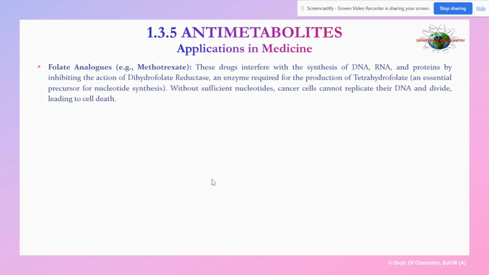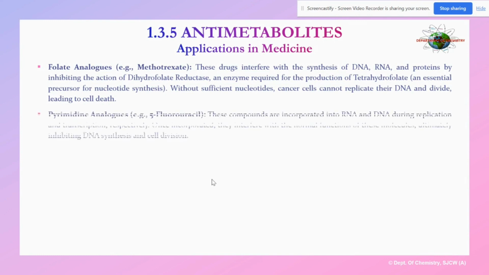So, the precursor is inhibited. Without sufficient nucleotides, cancer cells cannot replicate their DNA and divide, leading to cell death. So, that is one of the applications of antimetabolites. Folate analogs, by inhibiting the action of dihydrofolate reductase, do not allow cancerous cells to replicate. That leads to their death as well.